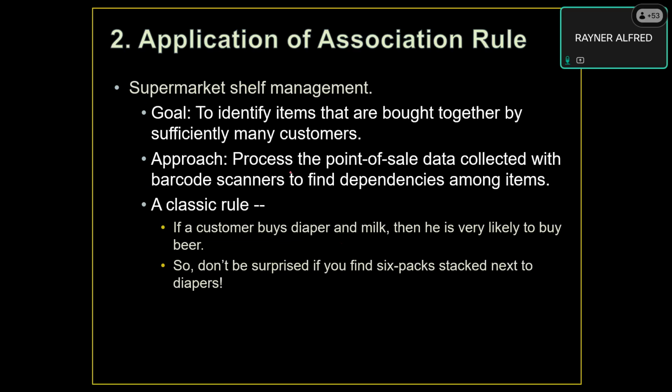The approach is to process point-of-sale data collected with a barcode scanner to find dependencies among the items we have in the store. For example, a classic rule: if a customer buys diaper and milk, then he is likely to buy beer. These are the rules that we can extract from the transaction database.